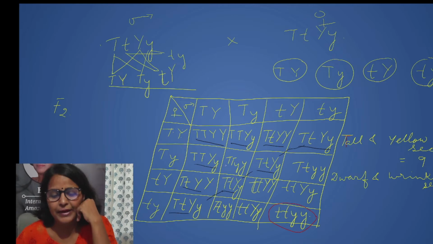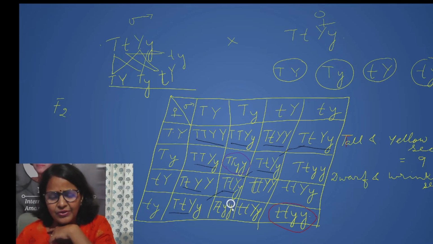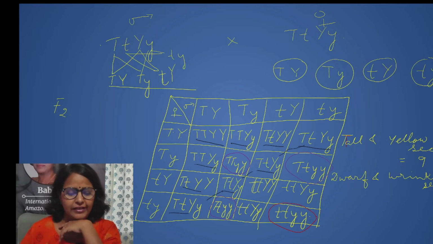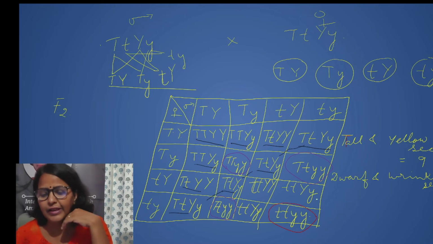See, we have capital T in this, no capital Y. Capital T in this also, but no capital Y. And capital T in this also, but no capital Y. So this means tall is there but with wrinkled seeds.